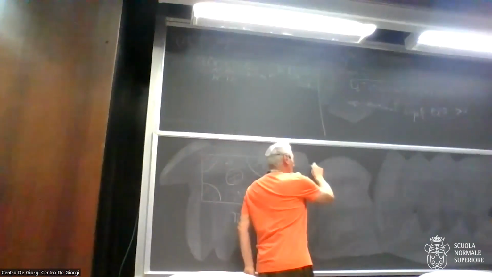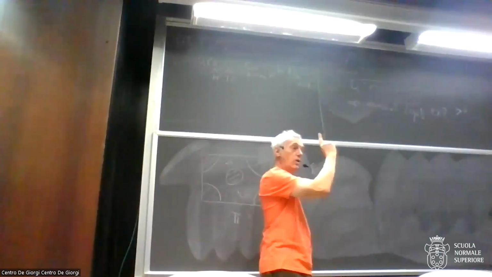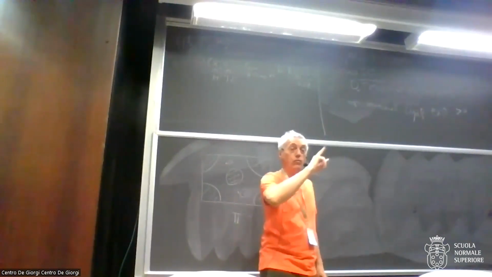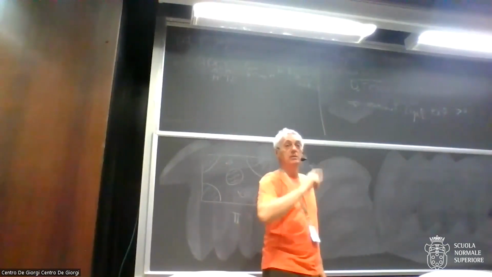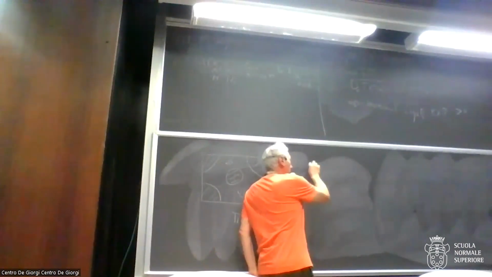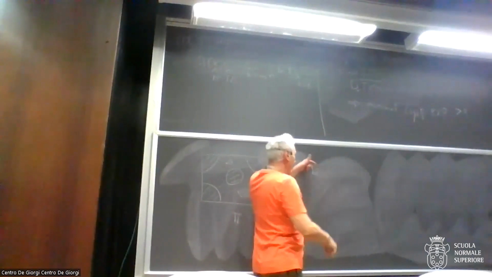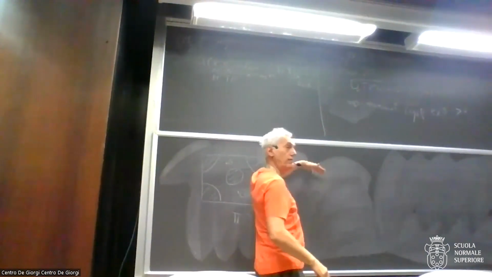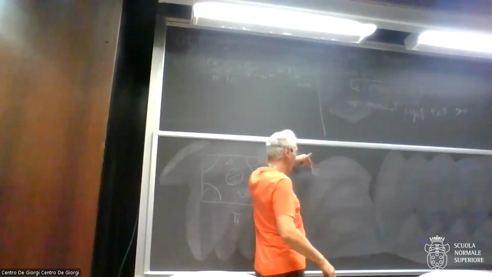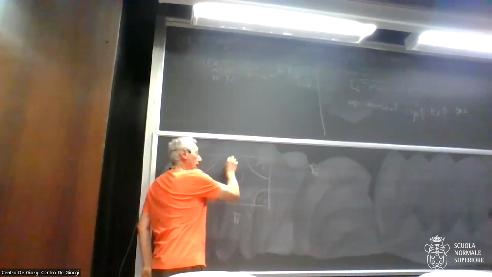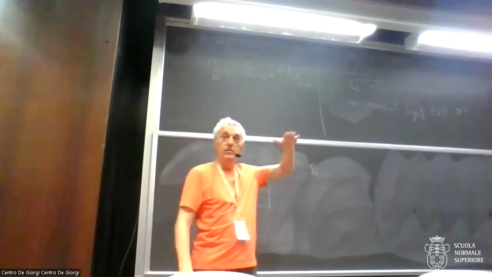So this vector here, tangent to this curve, corresponds to the direction in which I move the point that I'm looking at, while the curvature of this curve tells me in which way the orthogonal vector changes. So the curvature essentially tells me the way in which I'm changing the direction of the velocity.